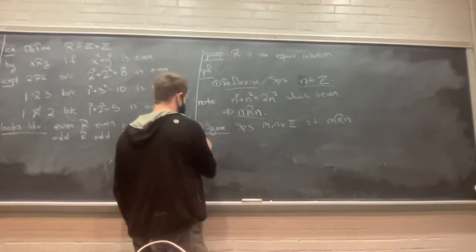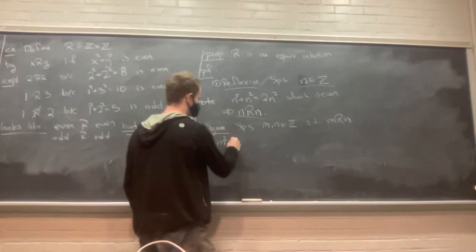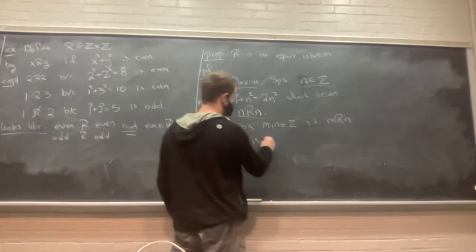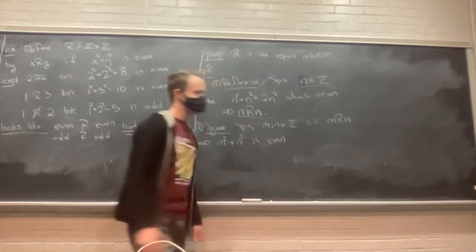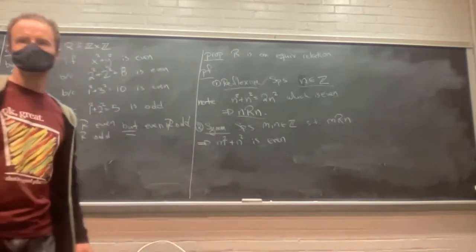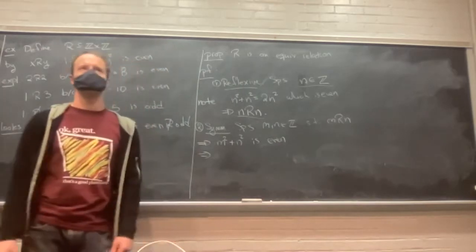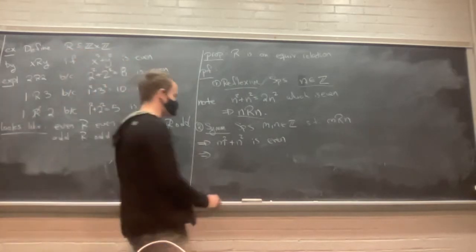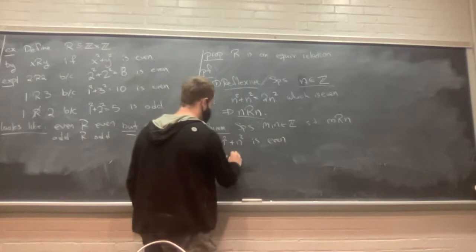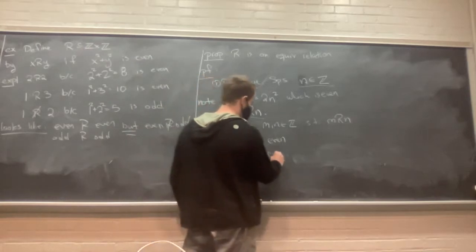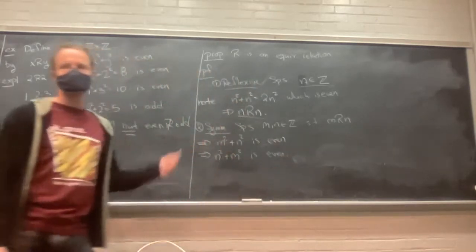Notice that that means that m squared plus n squared is even, by the definition of R. But we know that addition is commutative, so that means n squared plus m squared is even, because it's the same even number.